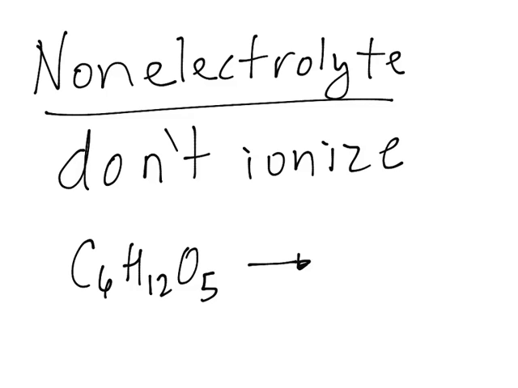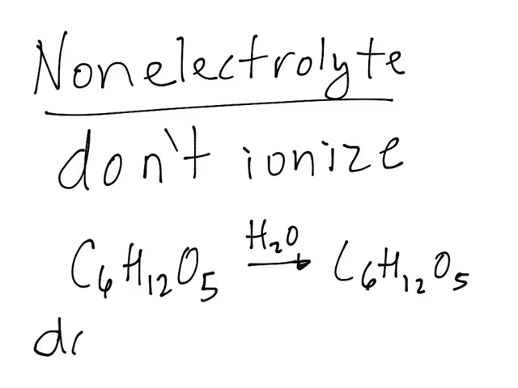You put water here, and it will still be the same. Nothing happened to it. So this is what we call a non-electrolyte. There was no ion formation. Nothing was able to separate into parts. As the definition of an electrolyte says, it will not be able to carry any charge, so it doesn't produce any charge.